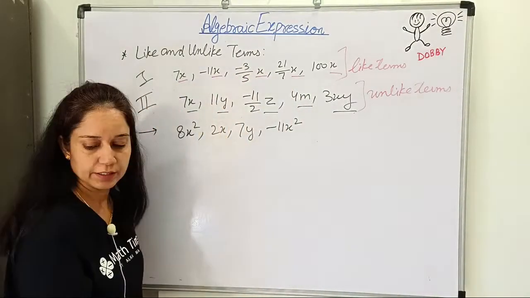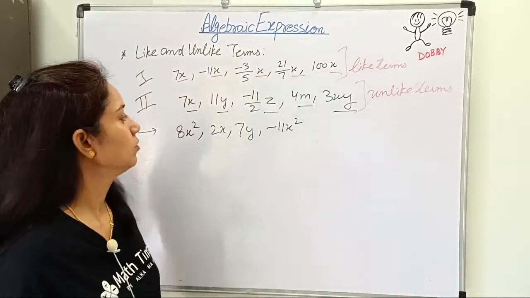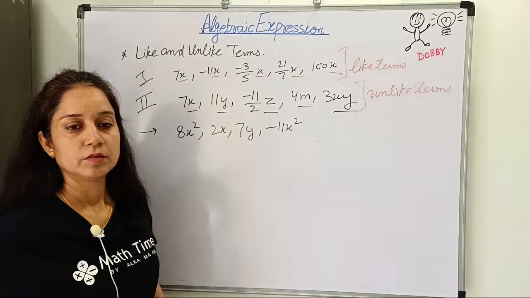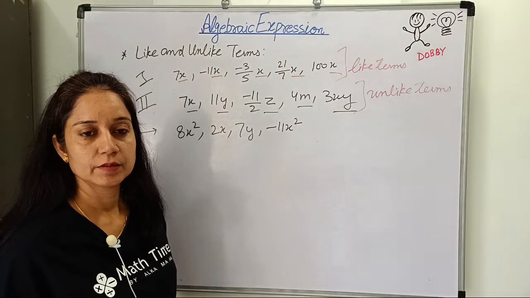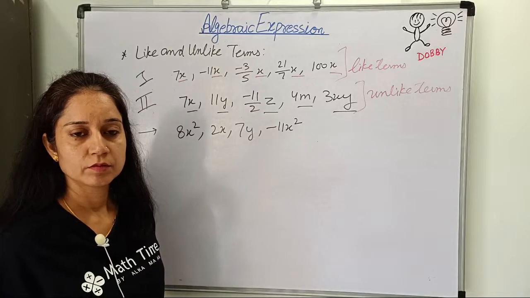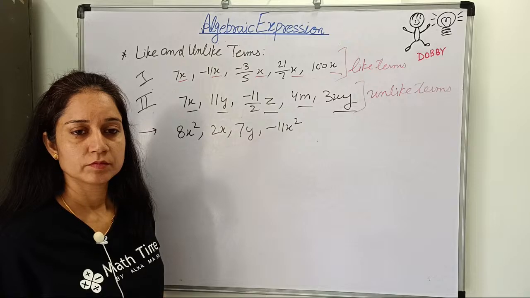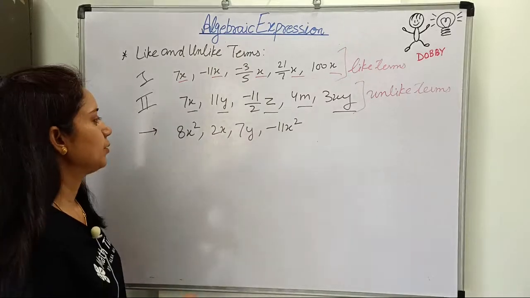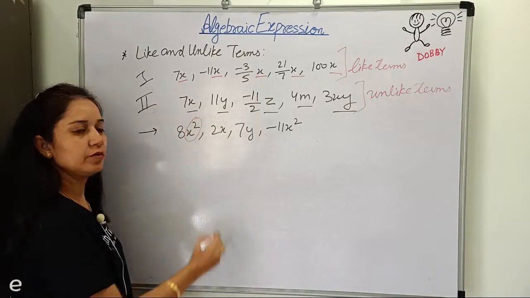Okay, Shalini is saying first and fourth, and second also. Anybody else? Children, see, 8x square has variable x square.